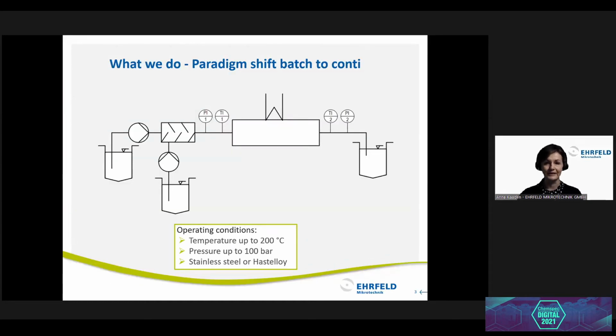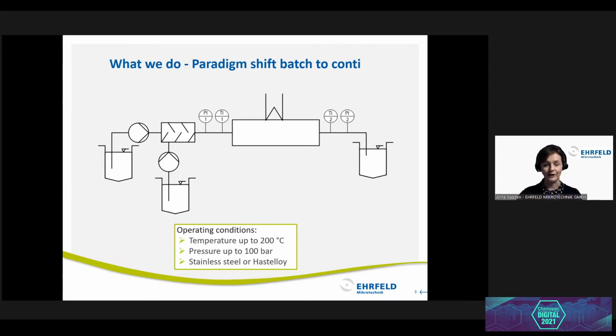What do we do? It is a paradigm shift you have to make from batch to continuous flow. And if you're now working in flow, there are some things you have to think about when you want to translate your reaction from batch to continuous.